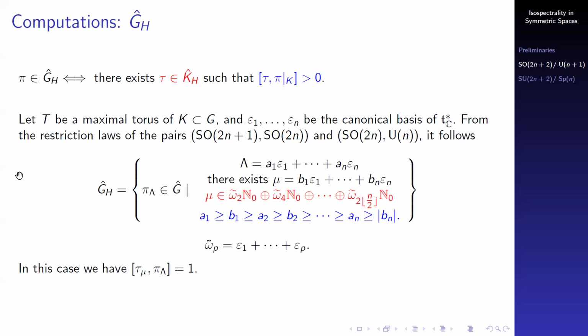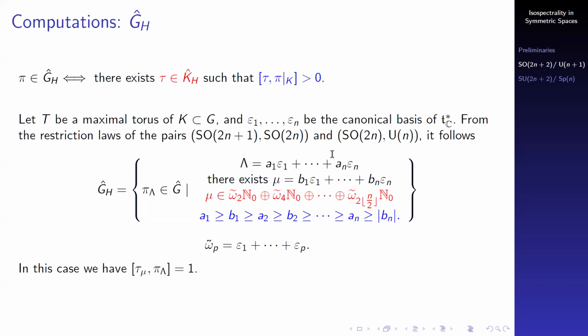So from the restriction laws of this pair, SO(2n+1), SO(2n), we are going to use this for the blue condition. And for the pair SO(2n) and U(N), here we need the spherical representations.